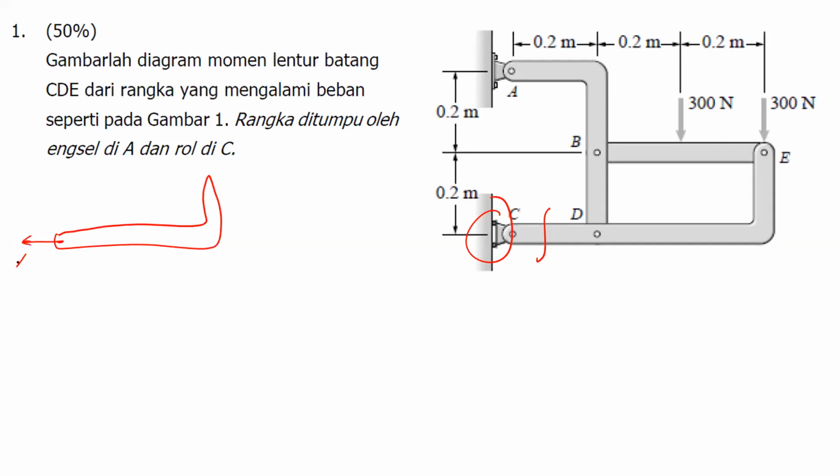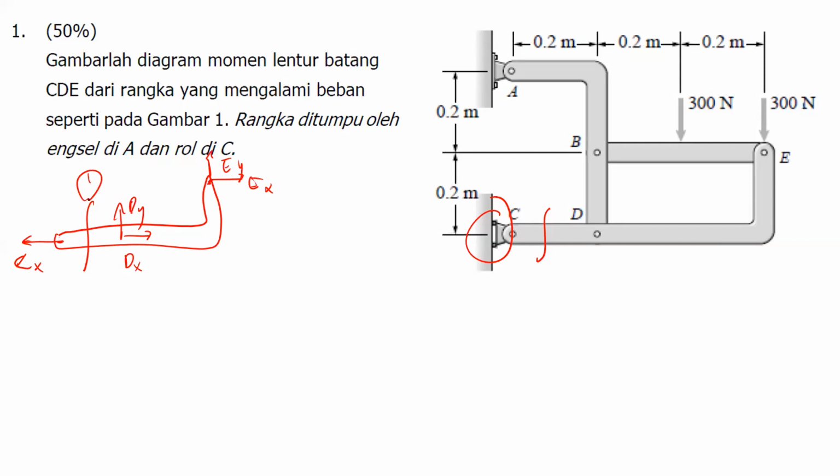Okay, this one is Cx. Then at D, there will be Dx and Dy. Then at E, it's supposed to be Ex, Ey as well. Okay, now if we cut like this, this is the first cut.